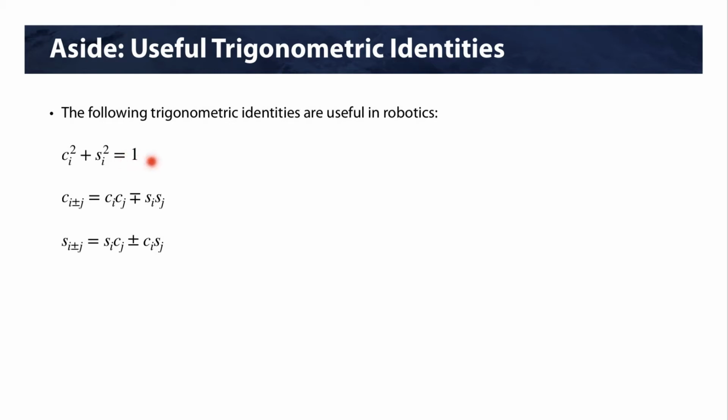Now the first one everyone's familiar with. We have cosine squared plus sine squared equals 1. We're going to make use of that. These two here are useful if axes i and j are parallel, which for our robot they are. All our axes are in the z direction, so they're all parallel to each other.